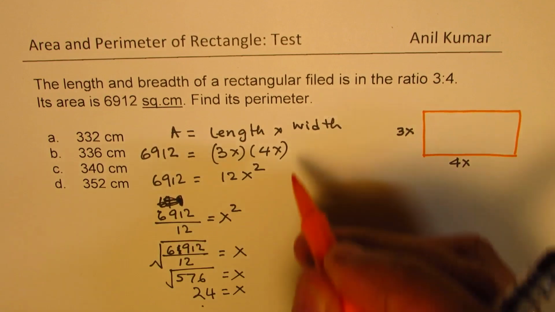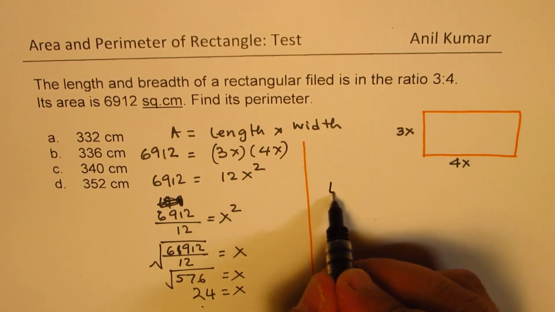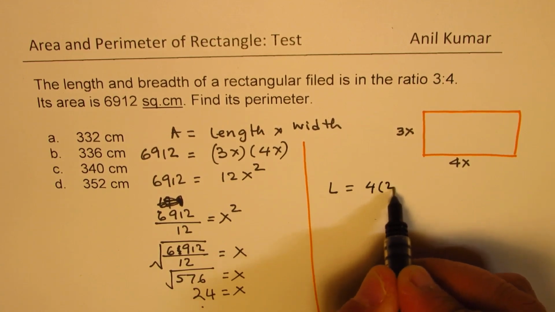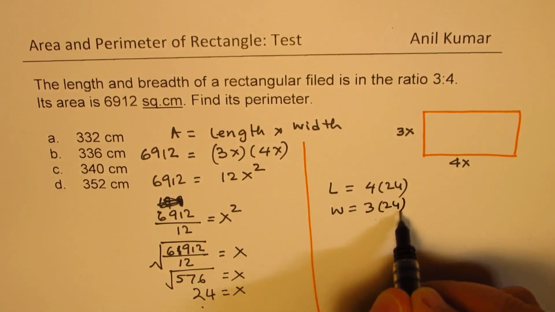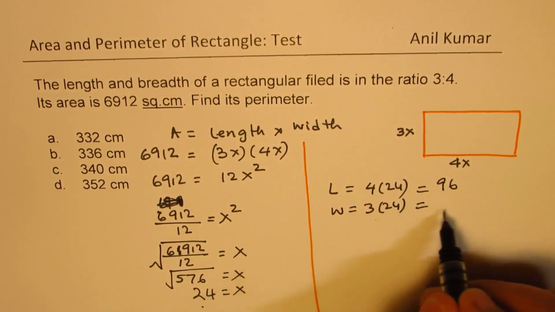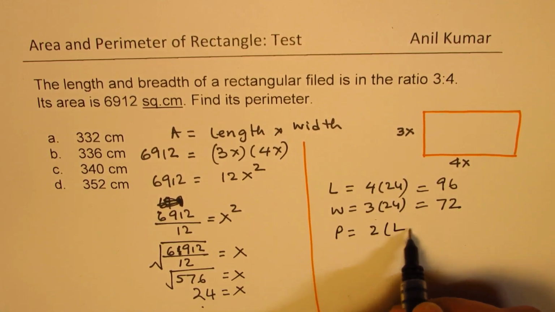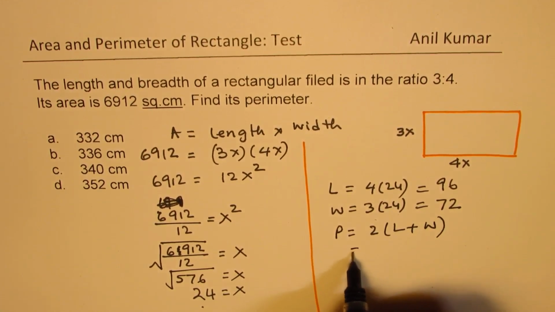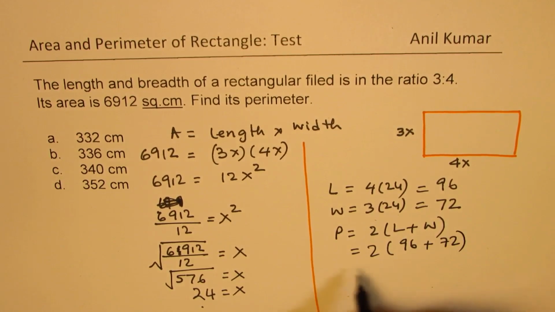Now once you get the value of x, you can substitute and find the sides. So we can say length is 4 times 24 and width is 3 times 24, correct? So that is 96 and this is 72. Perimeter will be 2 times length plus width, which is 2 times 96 plus 72, right?